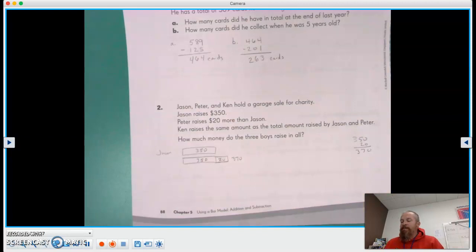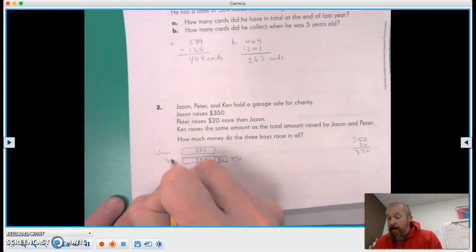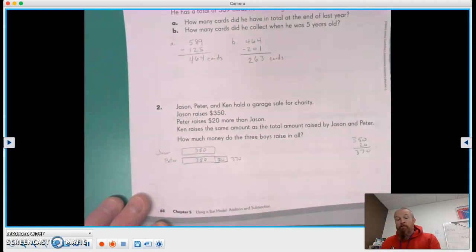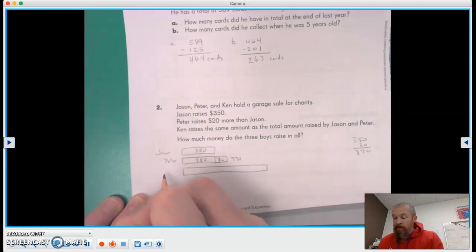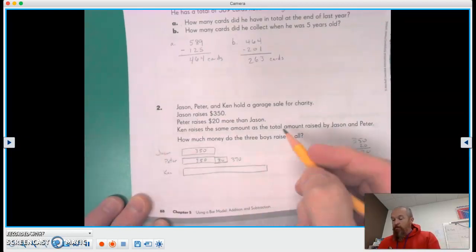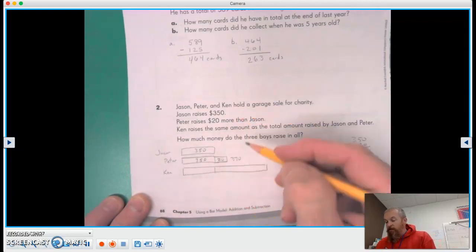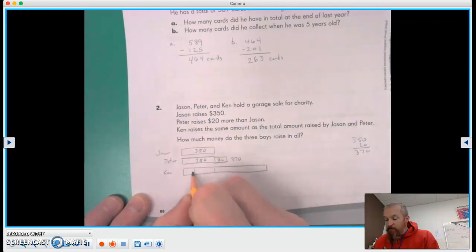And then Ken raises the same amount as the total amount raised by Jason and by Peter. So we have to add Jason and Peter together to make what Ken raised.